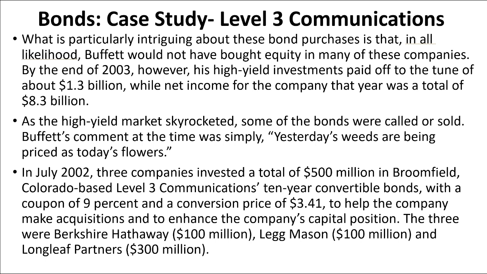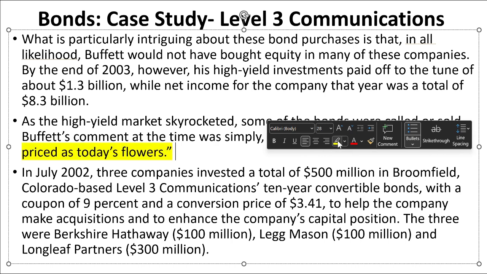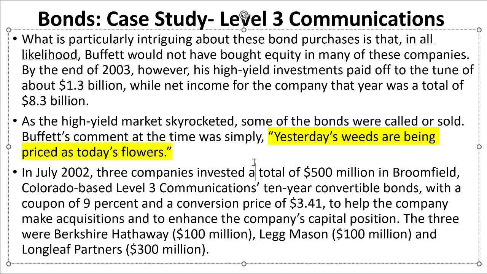Buffett commented that at that time it was simply yesterday's weeds being priced as today's flowers. This means the companies which were junked or discounted as very bad investments are now being priced as flowers because of these junk bonds which they purchased, and they made better appreciation. One, he purchased at very depressed rates, then he waited for the capital appreciation. That appreciation has given him a good amount of decent returns.